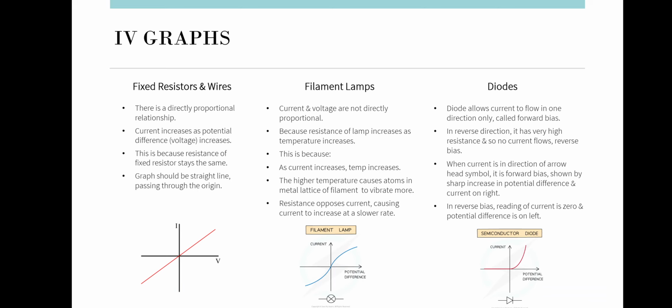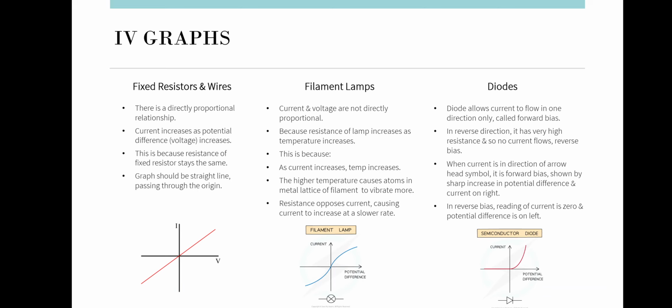Next up is filament lamps. Now for this, current and voltage are not directly proportional because the resistance of the lamp increases as temperature increases. So as resistance changes, current also changes. This is because as current increases, temperature increases. When temperature increases, there are more vibrations. Atoms in the metal lattice of the filament vibrate more, causing more collisions.